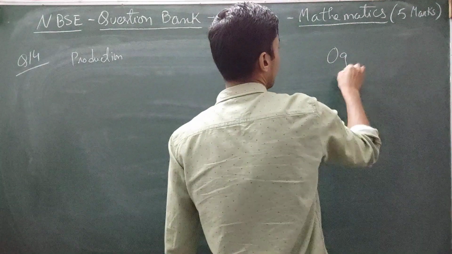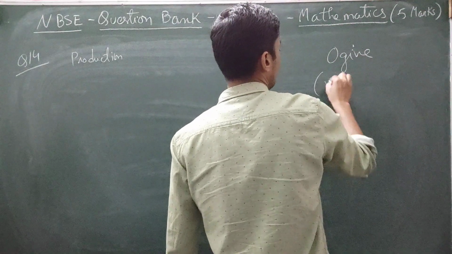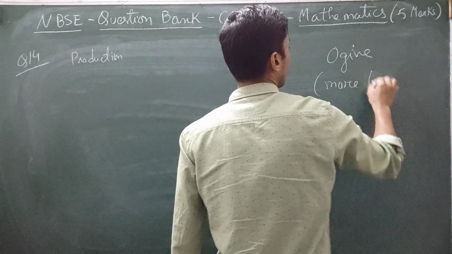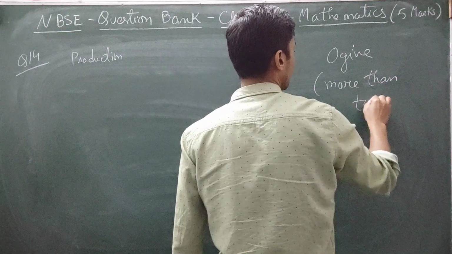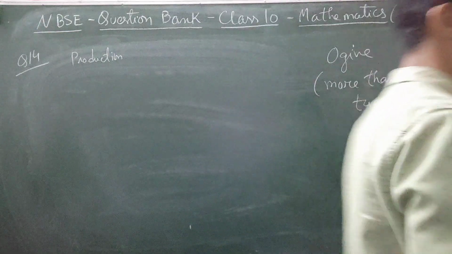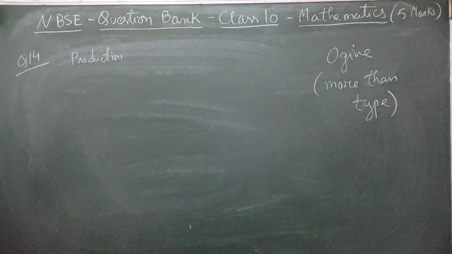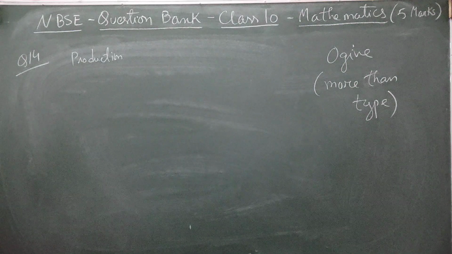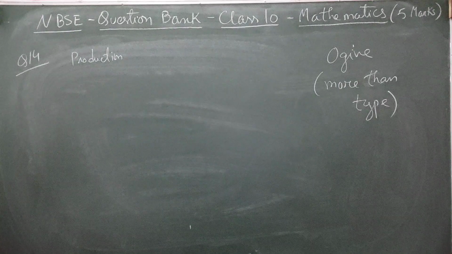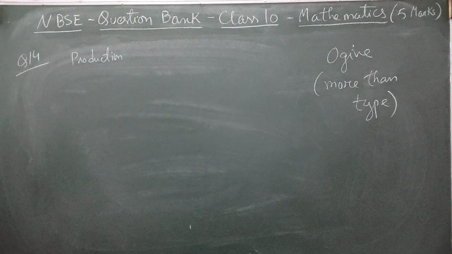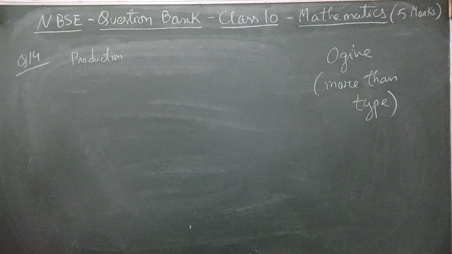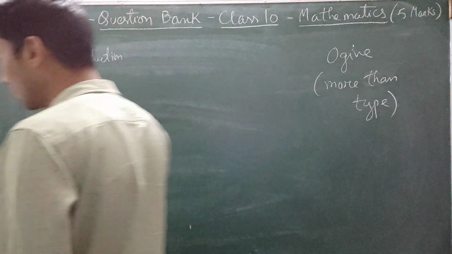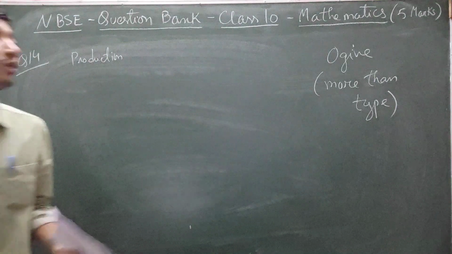So it's about ogive, but its distribution will be more than type. So this will be like a more than type ogive.